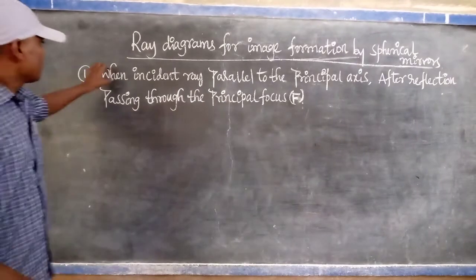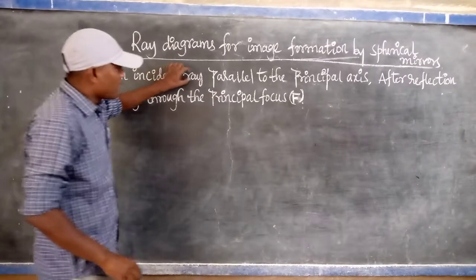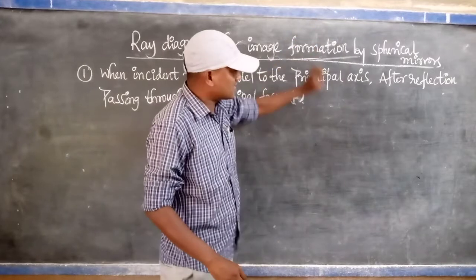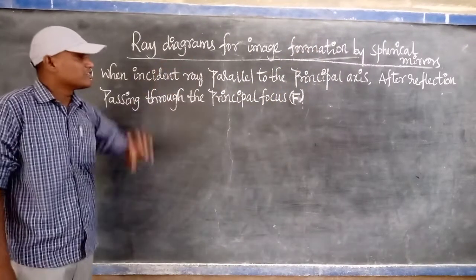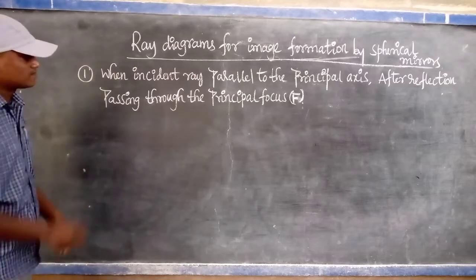When an incident ray is parallel to the principal axis, after the reflection it passes through the principal focus.